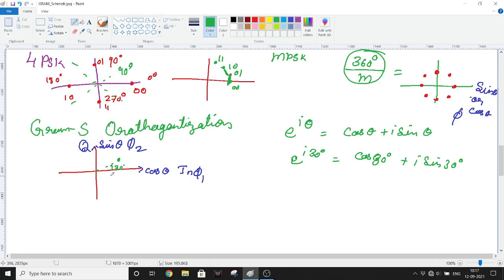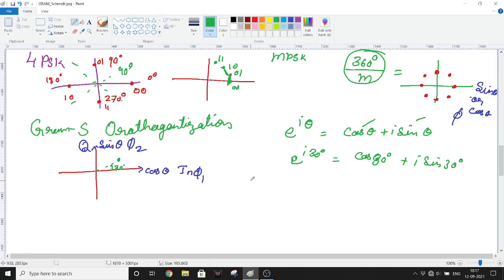Correct? Yes. So this gives us a proper understanding that any given sine wave or combination of sinusoidal signals can also be represented on a polar plot with orthogonality. Here these two are the orthogonal pairs.